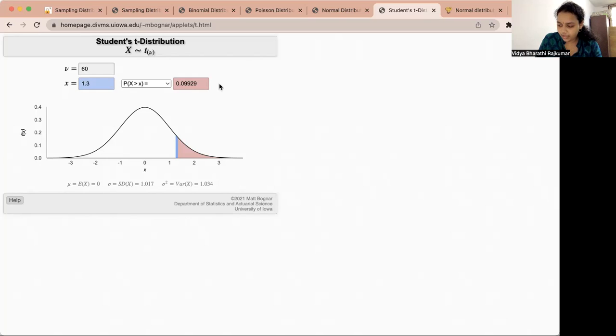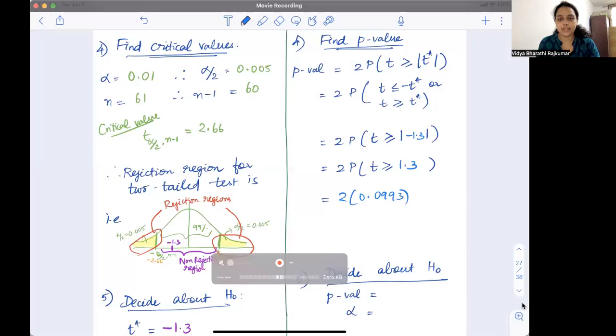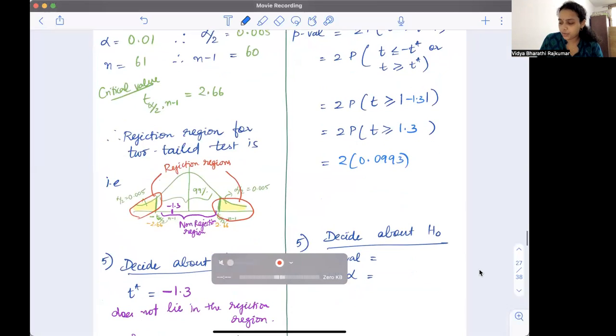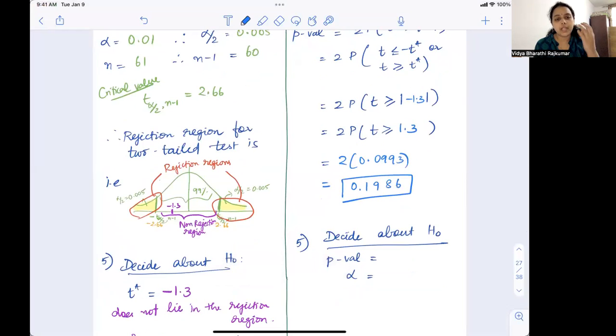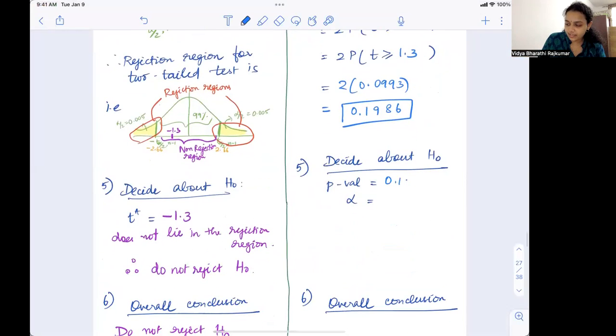Okay, so now when I come back to my question and compute the p-value, this will be 0.1986. That's my p-value. That is the probability of obtaining a value more extreme than 1.3, which is about 0.1986 or 19.86%. Now the p-value is 0.1986, alpha is 0.01.